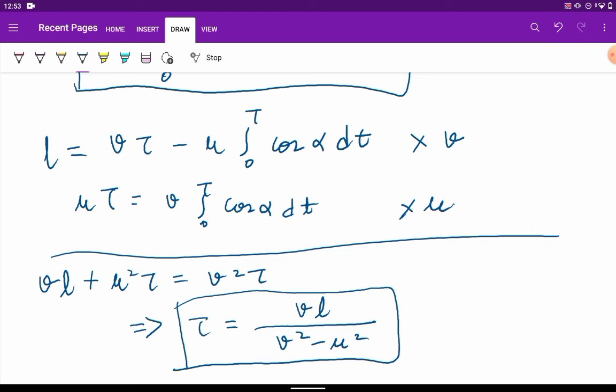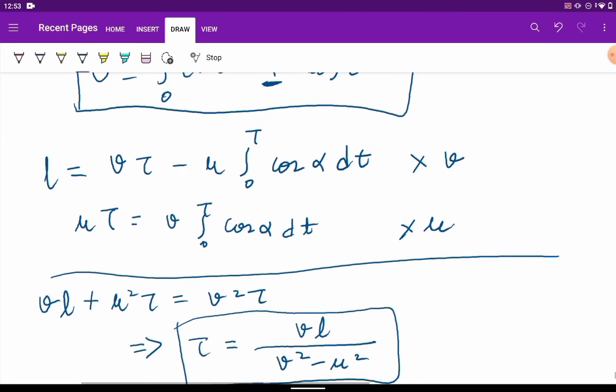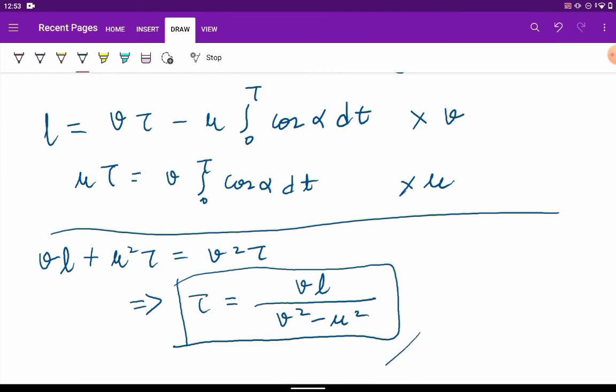So the time taken for the convergence is vL divided by v squared minus u squared.